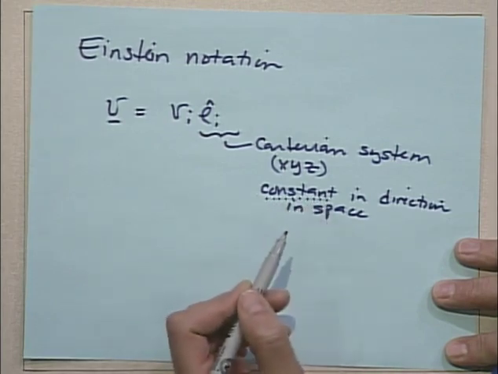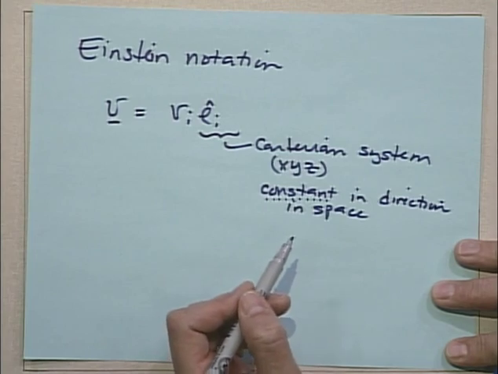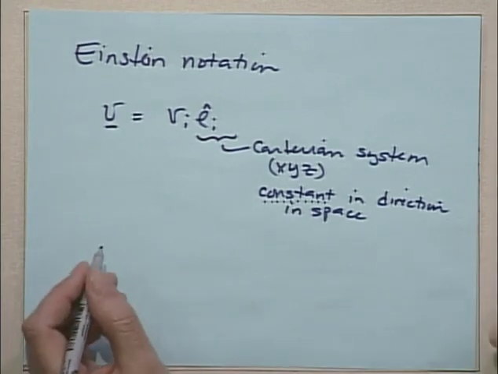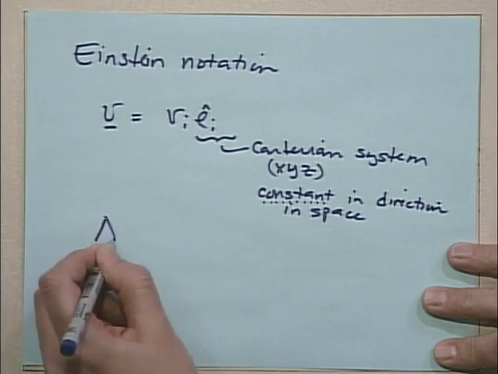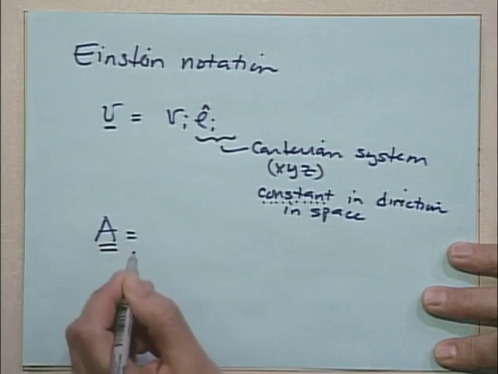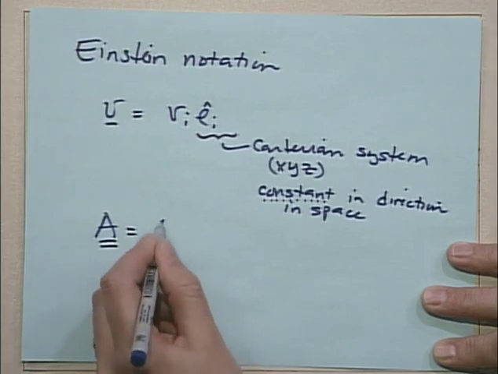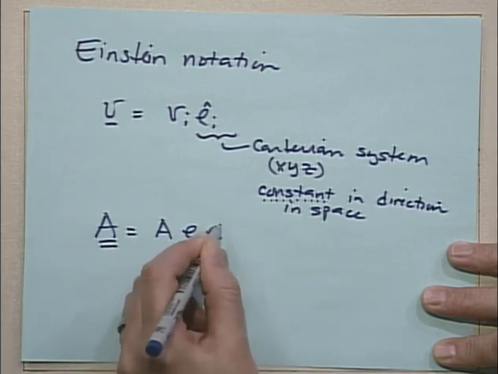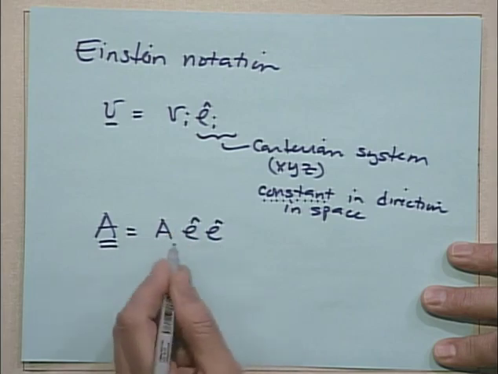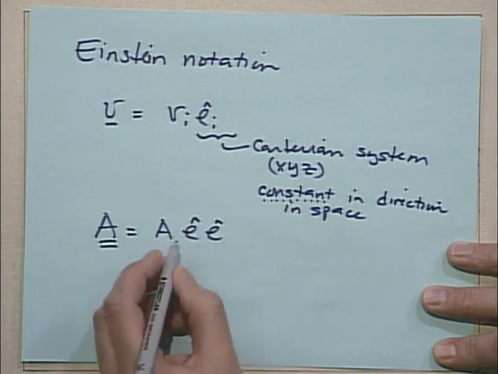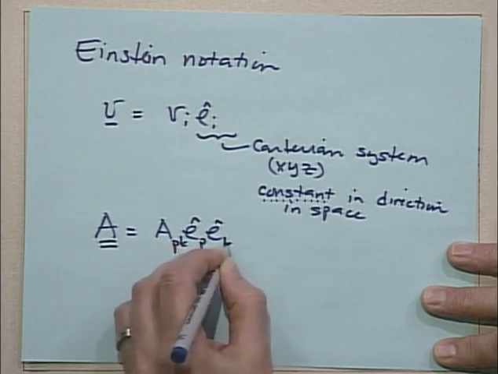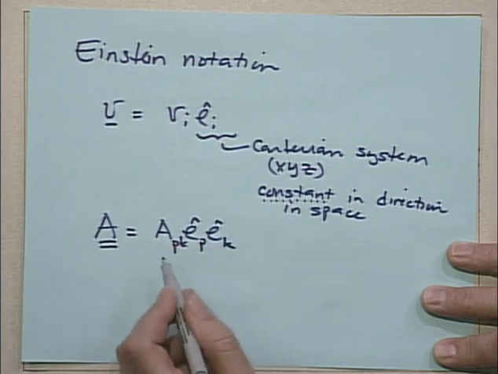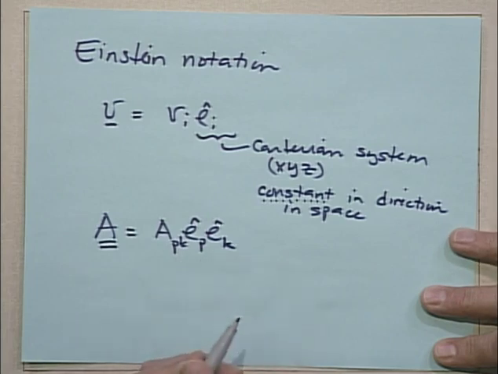This constant-in-space part becomes important when we deal with taking derivatives. Then, for tensors, say the tensor A, we write that in Einstein notation as A with 2 basis vectors, a sum of 9 dyad combinations. So we need 2 subscripts, say p and k, e_p e_k, to get these 9 coefficients of a tensor, which could be written in a 3×3 matrix form.